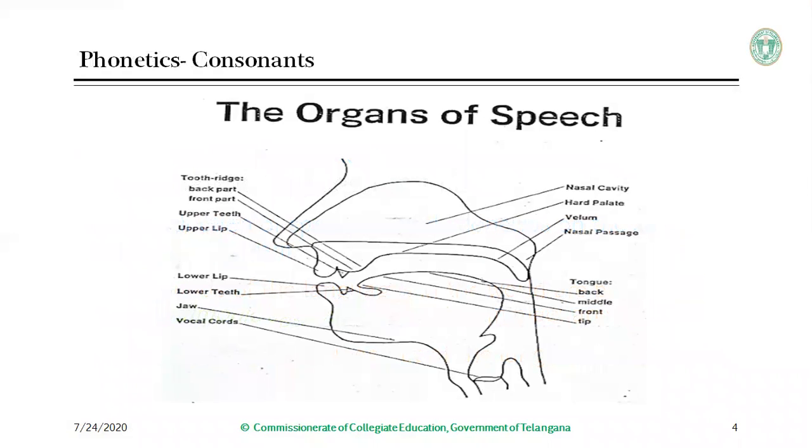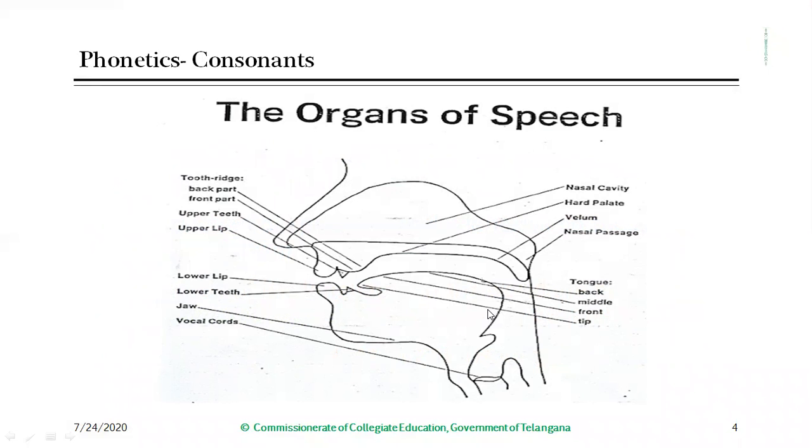Let's look at the organs of speech here. There are different kinds of speech organs. If you look at the picture, you can have some idea about all the speech organs that help us articulate the sounds.